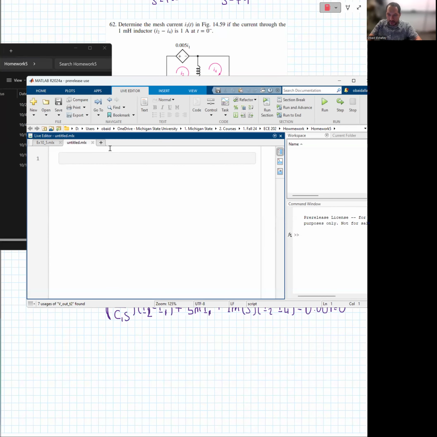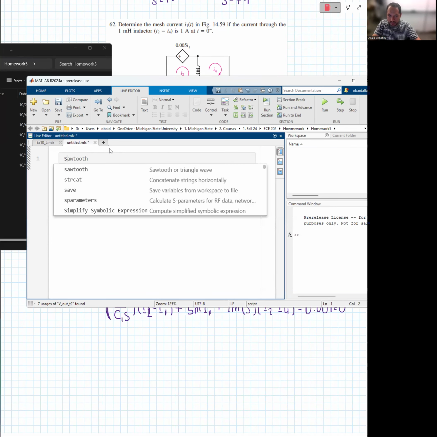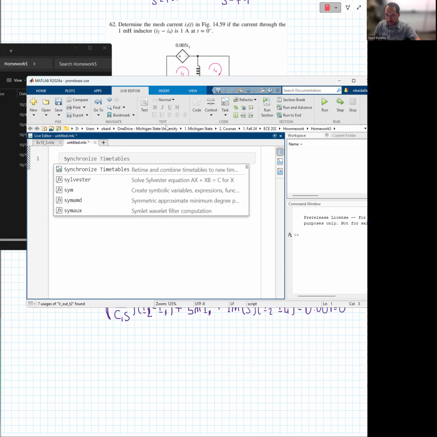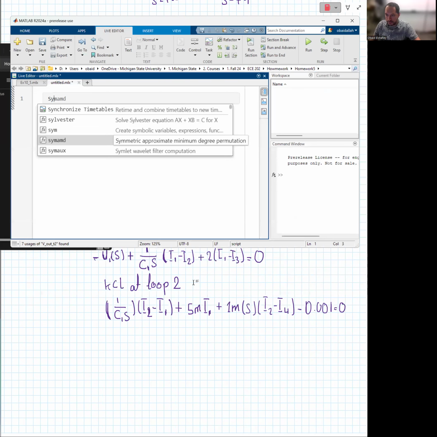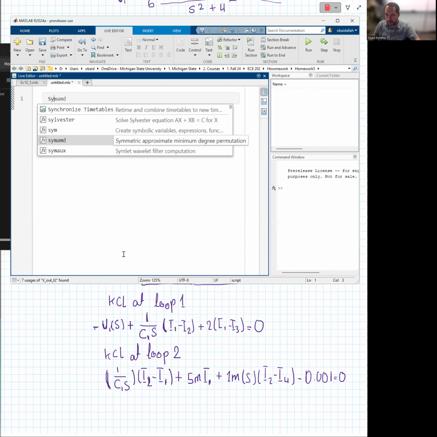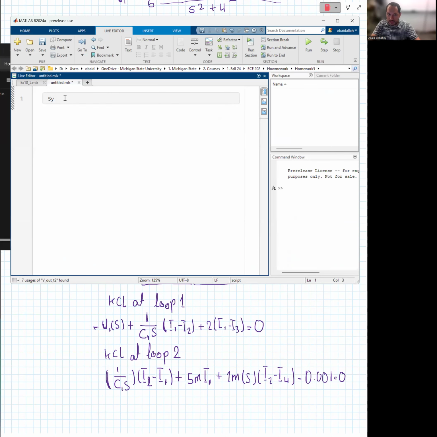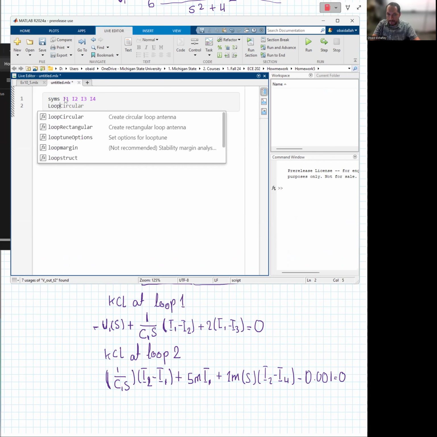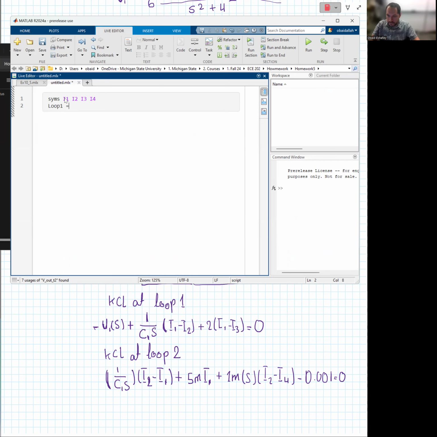So let's start by defining symbolic variables: s, I1, I2, I3, I4, and loop 1 equal to V1. Let's define V1 and C1 as well.